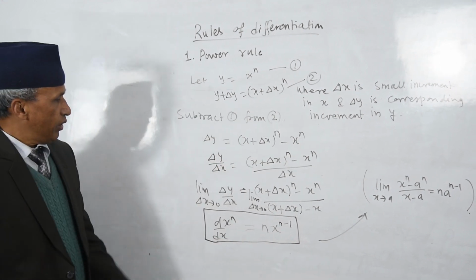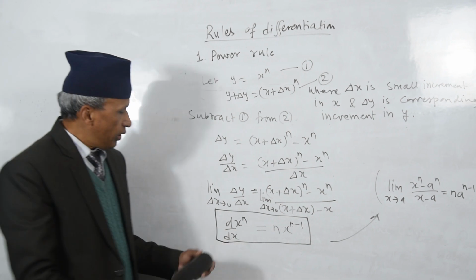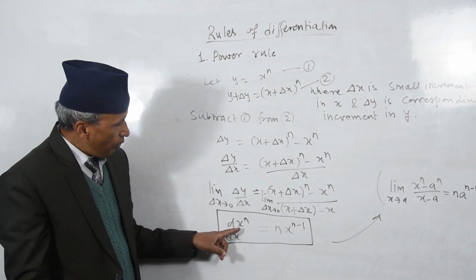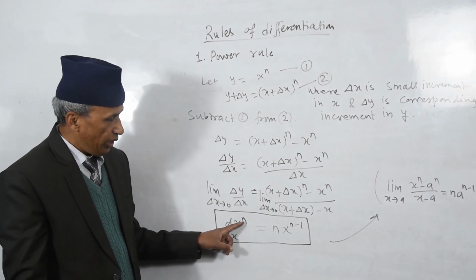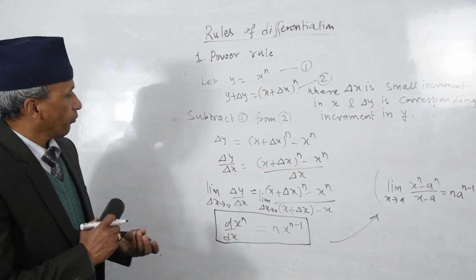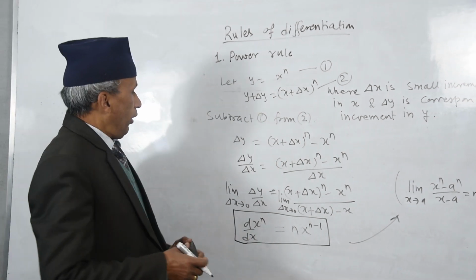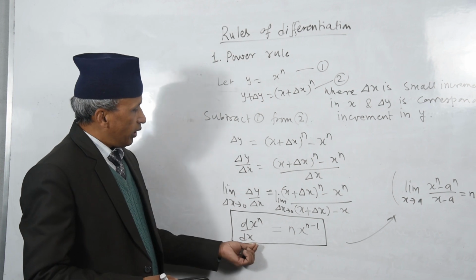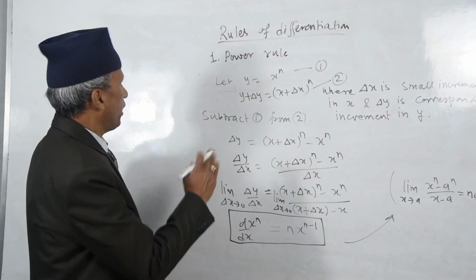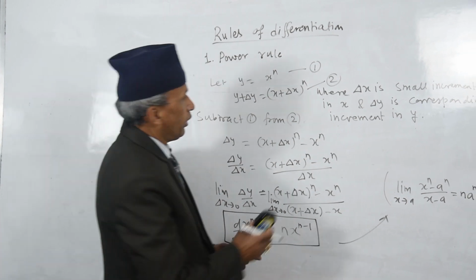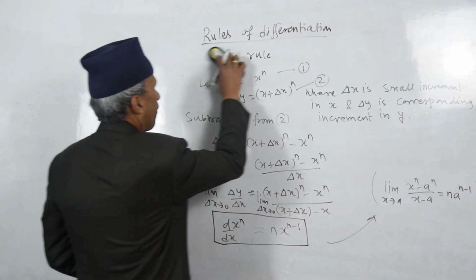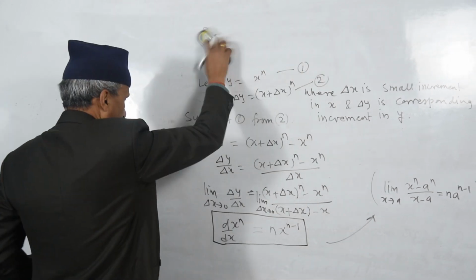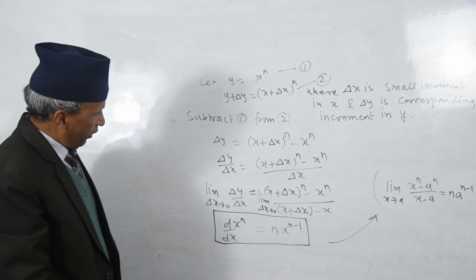Why is it the power rule? Because this method is used to find the derivative of a function which has a power n. I have already explained the examples. So this is the power rule for derivatives. I hope you understood it.